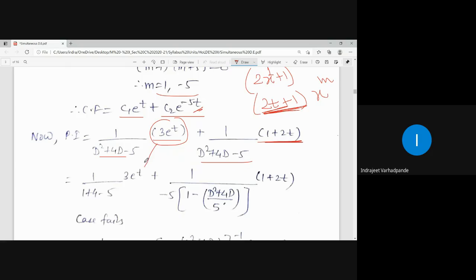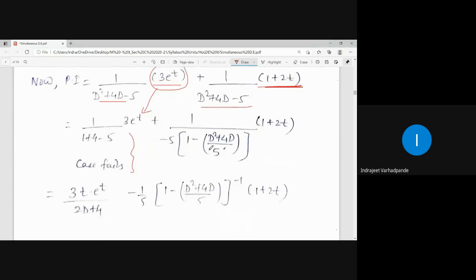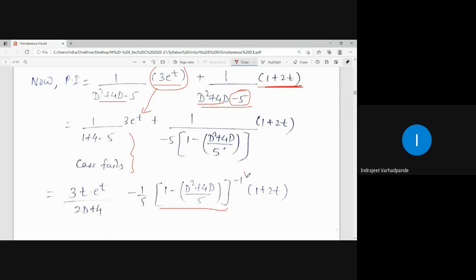Now by applying case number 1, I substitute every D by 1. So 1 + 4 is 5, 5 minus 5 is 0. The case fails over here. Secondly, what is the lowest degree term to be taken common? Minus 5. What is remaining in the bracket? 1 minus this particular term divided by 5. Take this to the numerator; its power will be raised as −1.